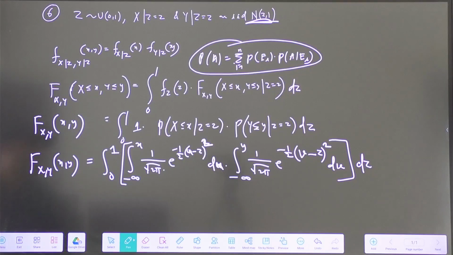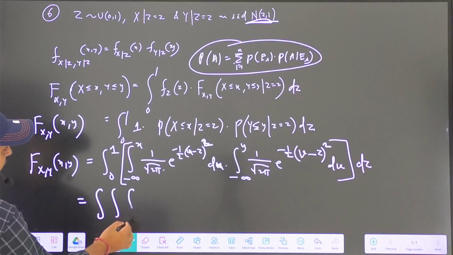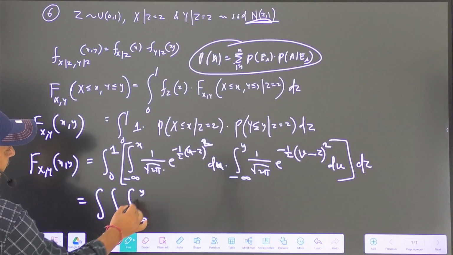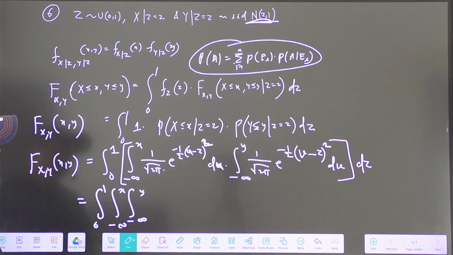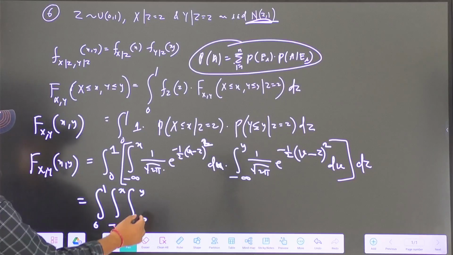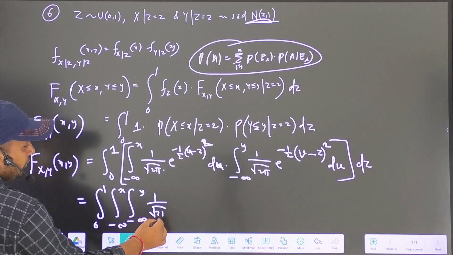It's a kind of triple integration. One is minus infinity to y, minus infinity to x, 0 to 1. This is a lengthy one, I think.